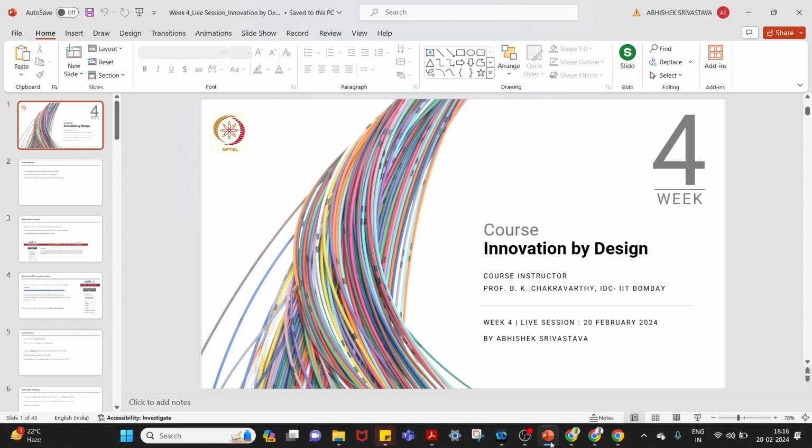How we conduct these sessions is that we give an overview of the course, basic details of the course, and important timelines and deadlines for the week's content.